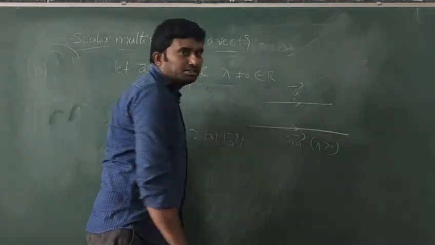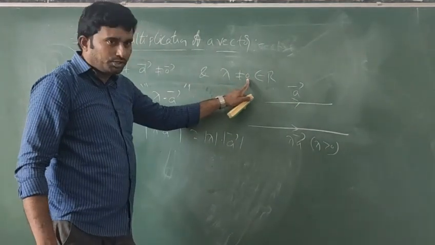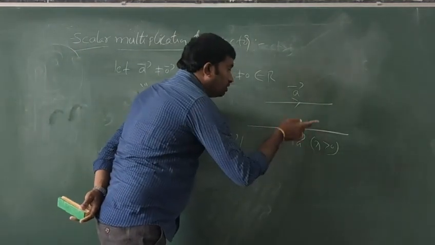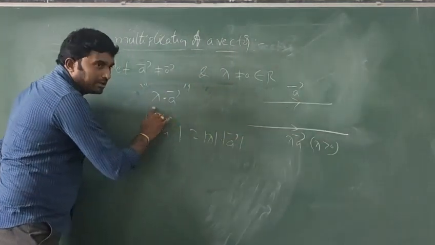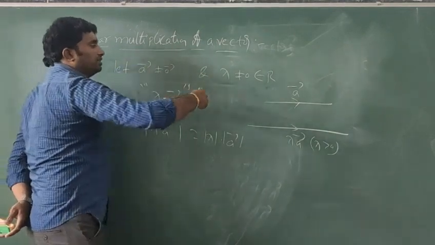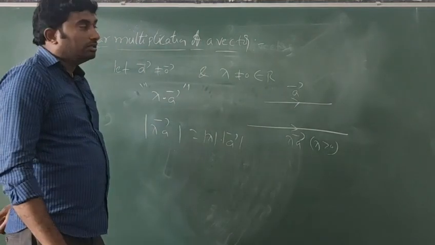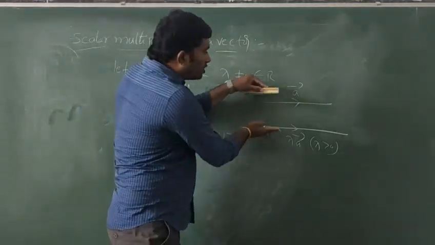We are saying that lambda is never zero; maybe it is positive or negative. So when lambda is positive, the direction of lambda A bar is the same as that of the given vector. You will get a doubt here: what about lines of support?